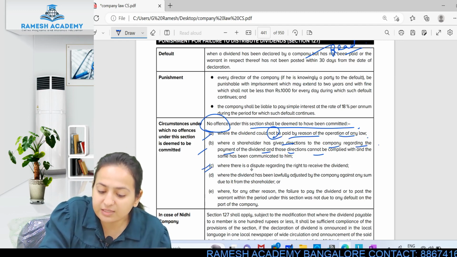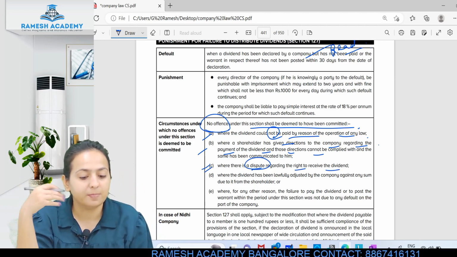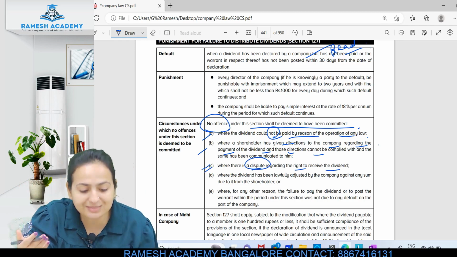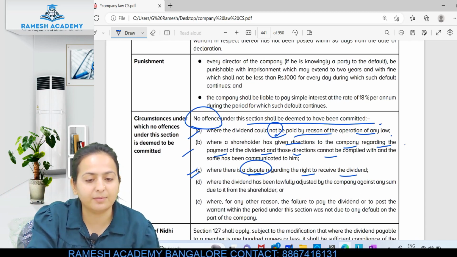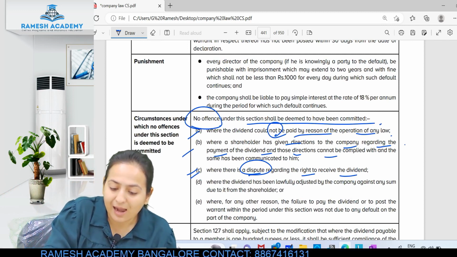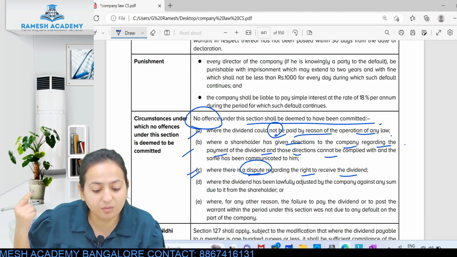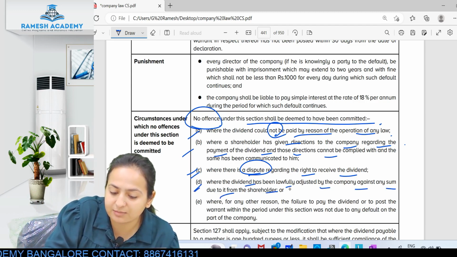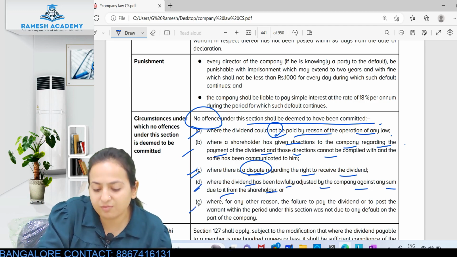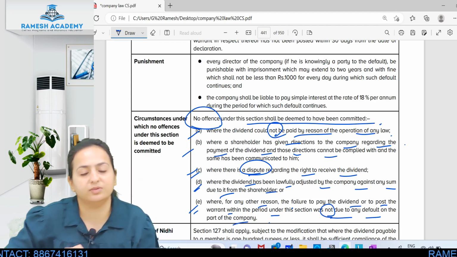Yes, where there is a dispute regarding the right to receive. Or where the dividend has been lawfully adjusted against any sum due from the shareholder. Or where for any reason the failure to pay the dividend or post the warrant was not due to any fault on the part of the company.